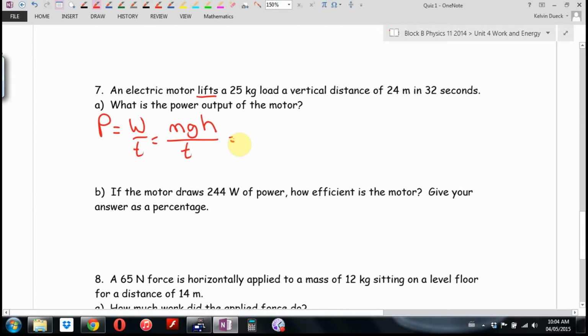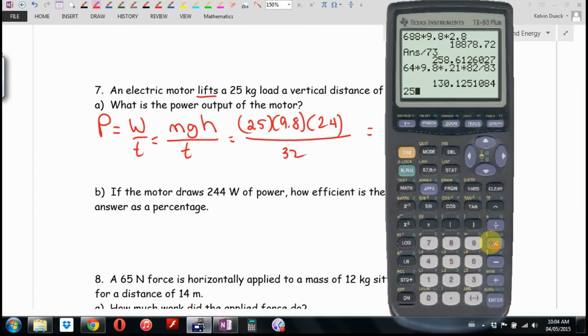Mass 25, g 9.8, h 24, all over 32. This might actually work out evenly. Let me see. Not quite. 184 watts.